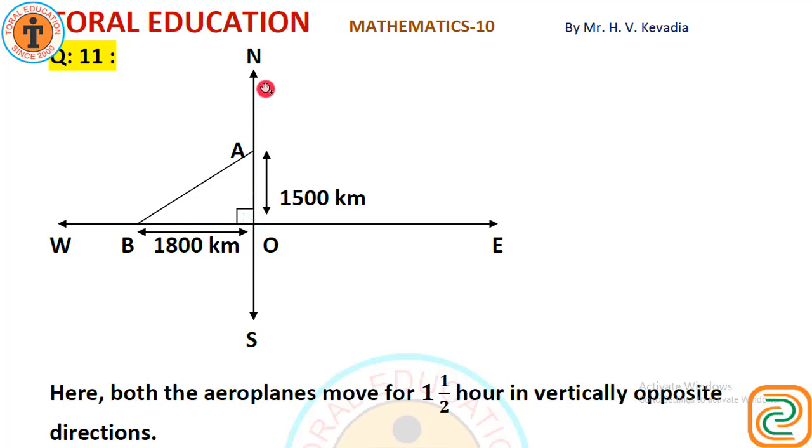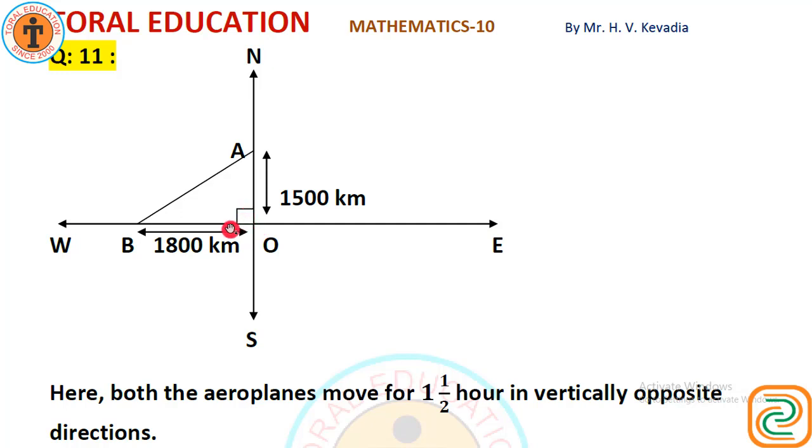I have taken north, south, west and east. At the same time, another aeroplane leaves the same airport and flies due west at a speed of 1200 km per hour.